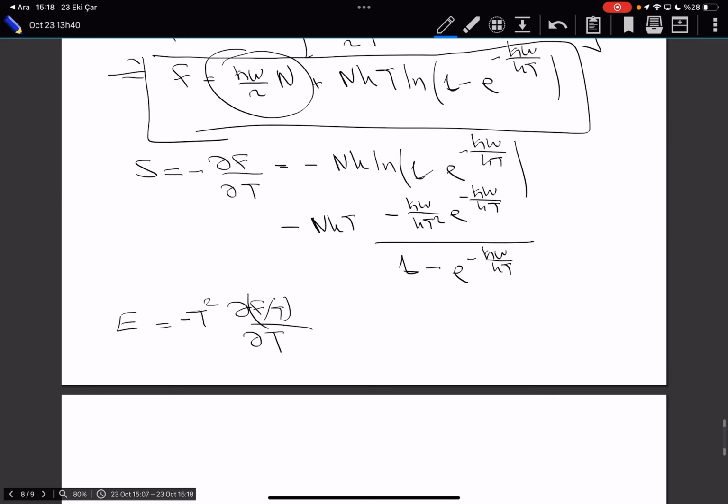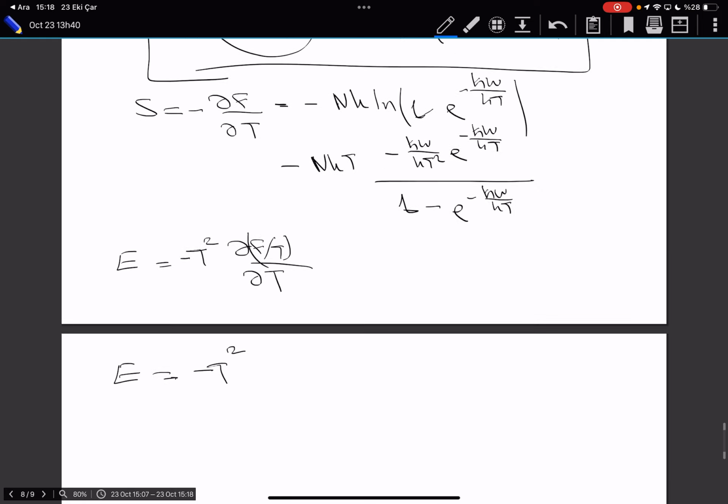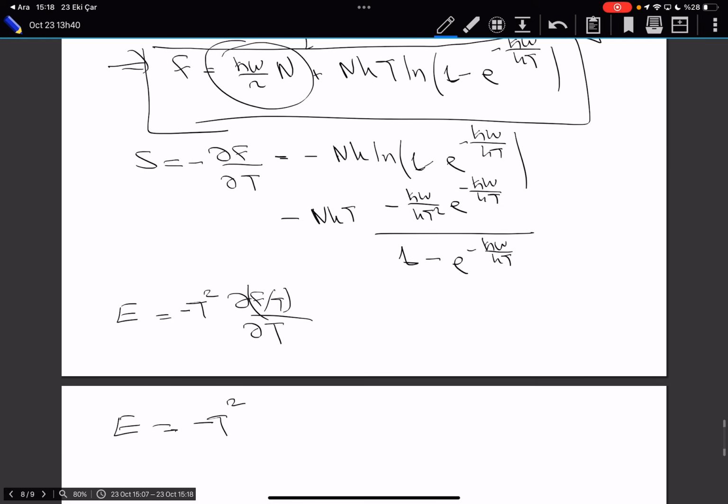Well, the free energy is over here, so the energy will be minus T squared times, if I divide by T, there is a contribution from the first term, which will be minus h bar omega over 2T squared n. Yeah, this is nothing but the zero-point energy.